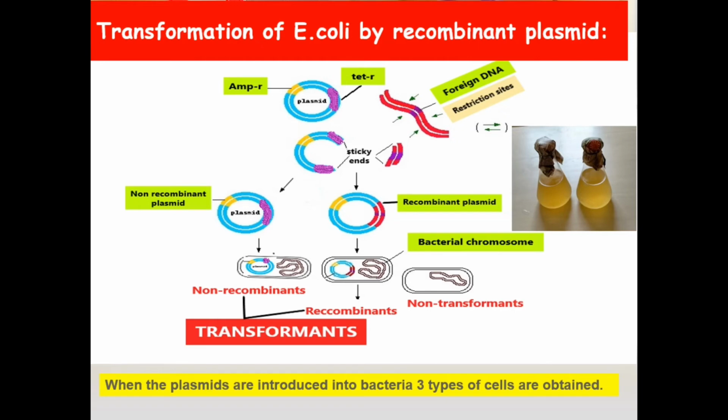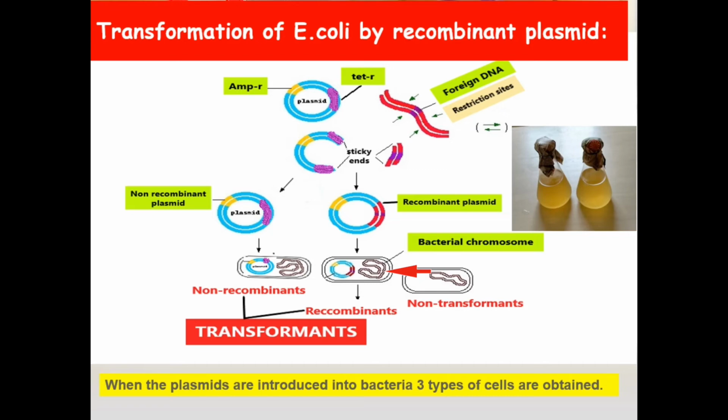Now we have to select among these three types of cells present in the culture. We want to grow only the recombinants because they carry the gene of interest, and we are interested in the product which is produced by this gene. So how to select these recombinants?